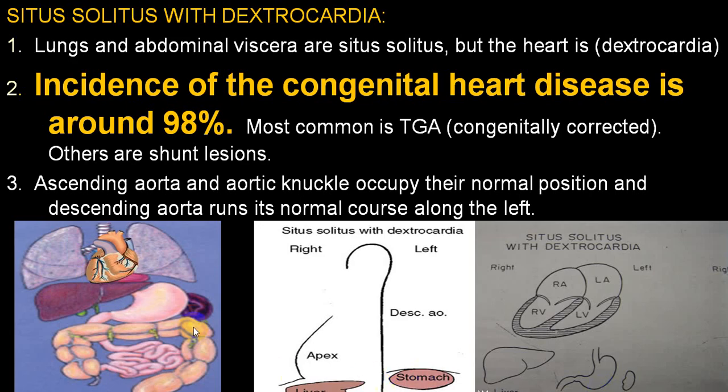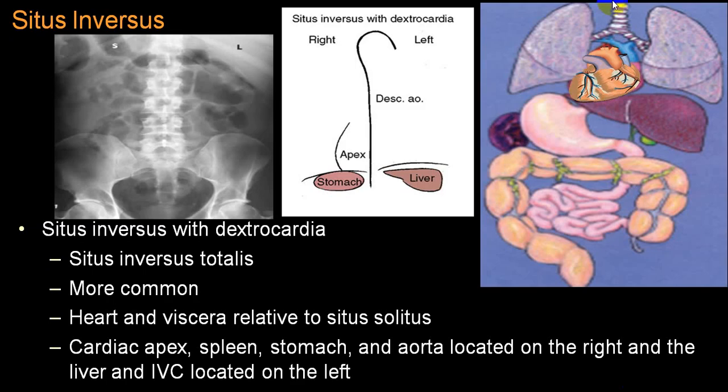But if a person has situs solitus with dextrocardia, the chance of congenital heart disease is almost close to 100%. It is 98%. Some series say 99%. If there is dextrocardia with situs inversus, we call it mirror image, or situs inversus totalis.